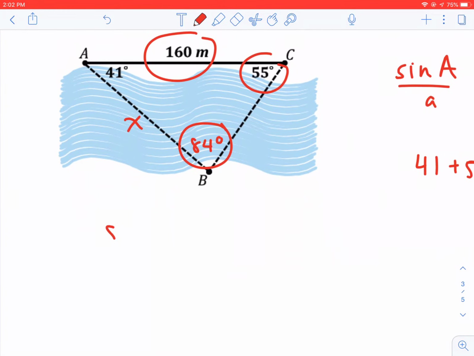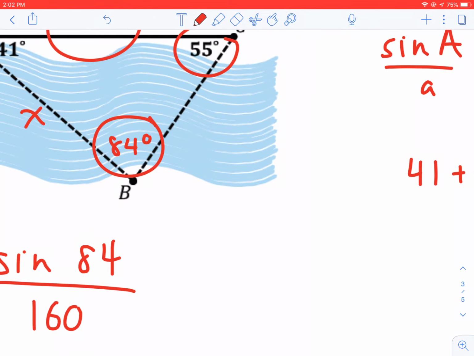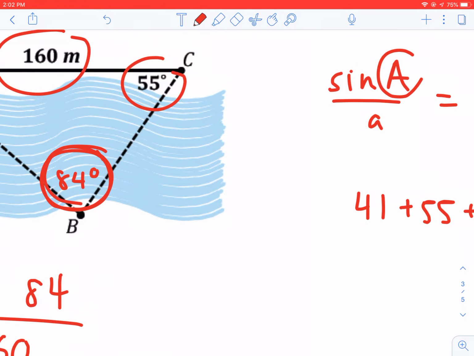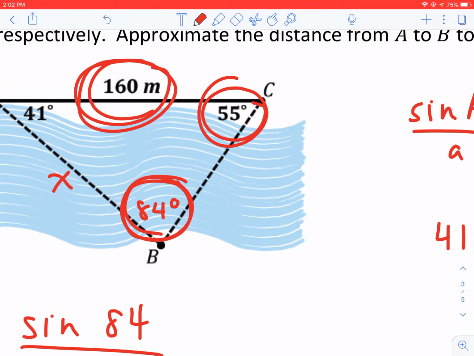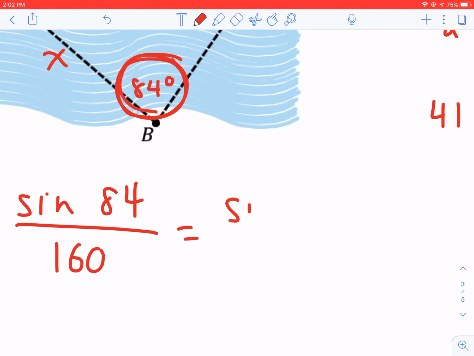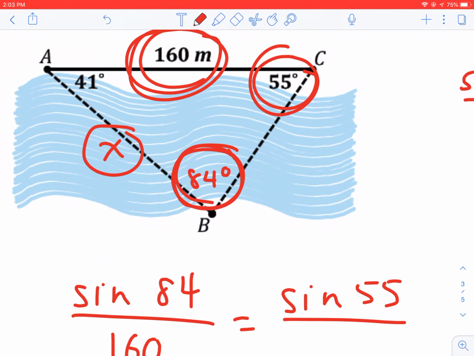So I can say the sine of 84 over 160, this is like our A here, and this is the side opposite it. If I'm using this angle, 55 degrees, that's equal to sine of 55 divided by the side opposite 55 degrees, that's x.